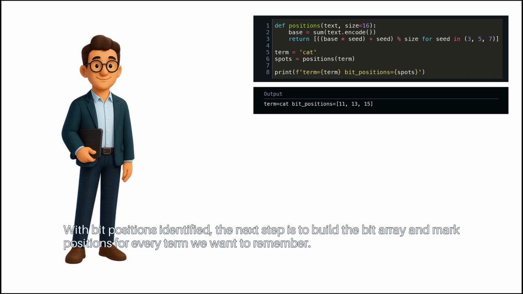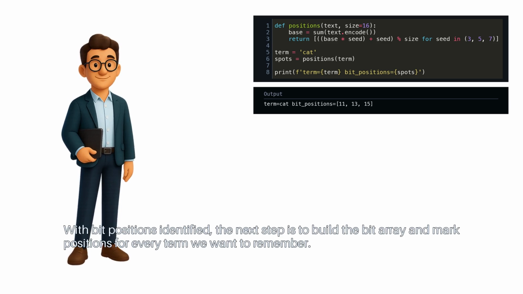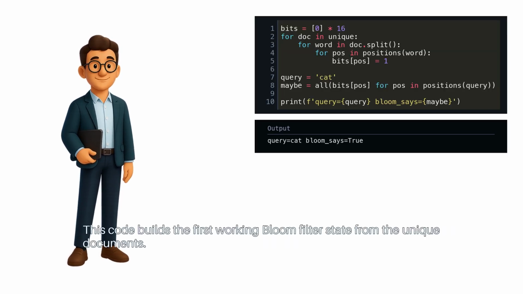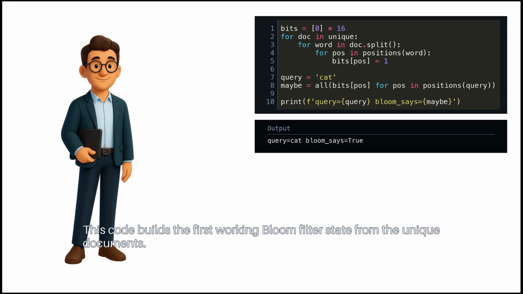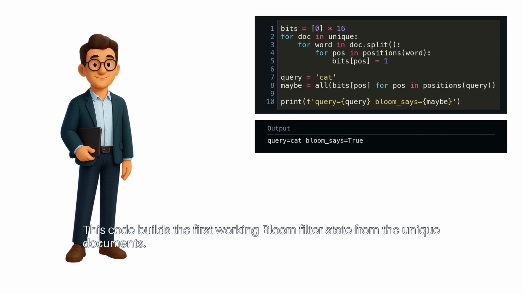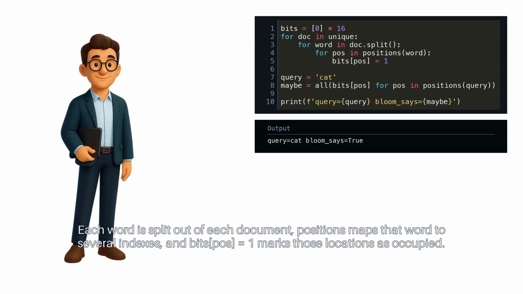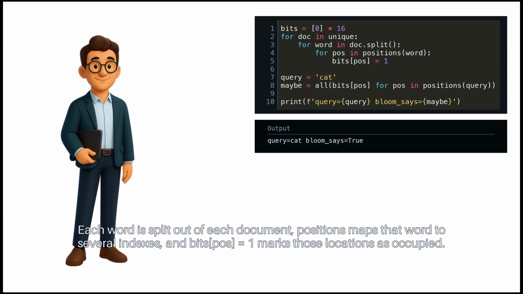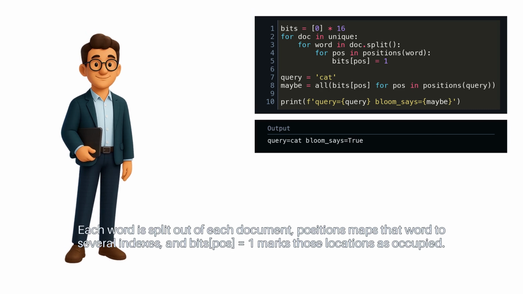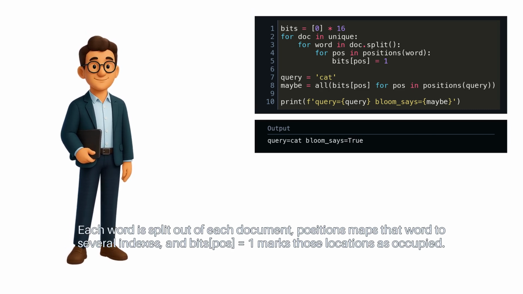With bit positions identified, the next step is to build the bit array and mark positions for every term we want to remember. This code builds the first working Bloom filter state from the unique documents. Each word is split out of each document. Positions maps that word to several indexes, and bits[pos] equals 1 marks those locations as occupied.